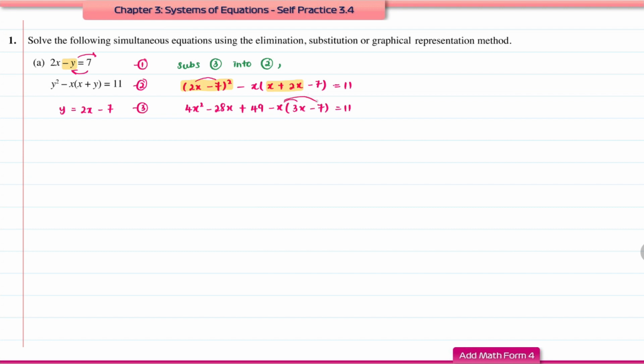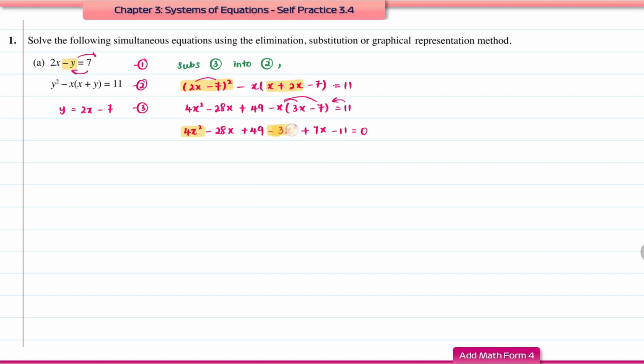So next, I'm going to expand for this part. For this 11, I'm just going to move it to the left hand side so that I can write these quadratic equations in general form later on. So next, we're going to solve for the like terms.